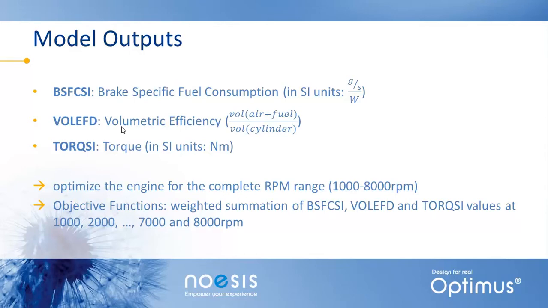Like I said, we will optimize this engine for a complete RPM range between 1000 and 8000 RPM. So we will make three objective functions, where each objective function is just a weighted summation of the BSFC SI, the volumetric efficiency, and the torque SI at 1000 all the way up to 8000 RPM.